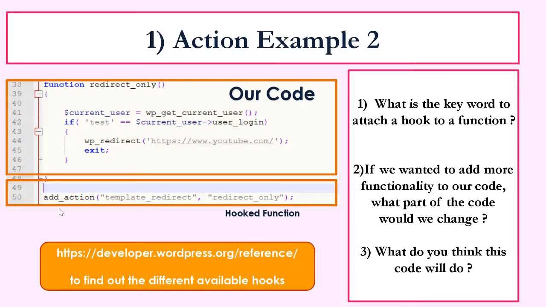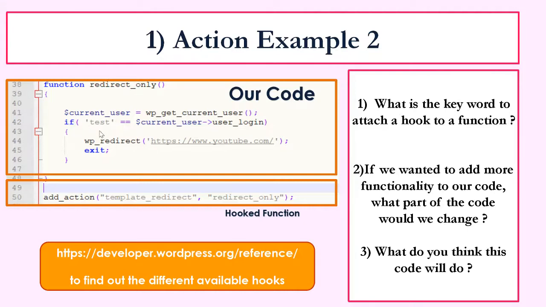Okay, so we're attaching our code to the hook template redirect. So remember, this is before the templates are loaded, so it happens before the website starts. And it goes here and it finds out the object of the current user. So it gets us not just one piece of information, but quite a lot of pieces of information about the current user.